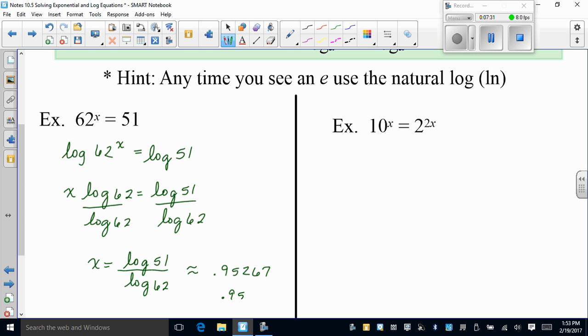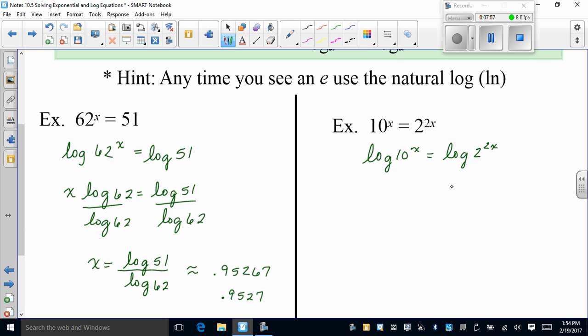Okay, so this one, 10 to the x equals 2 to the 2x. So the log of 10 to the x is going to equal log of 2 to the 2x. Bring our powers down.